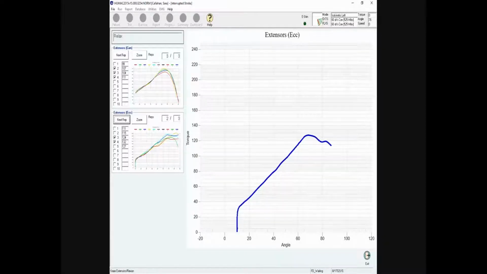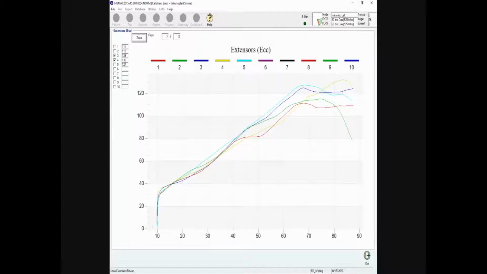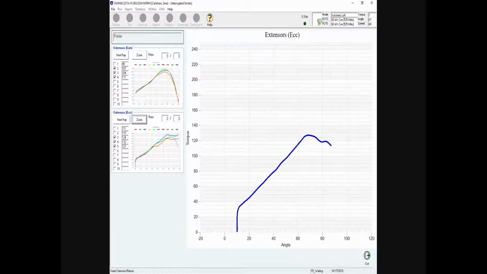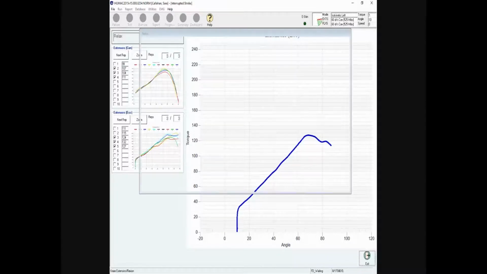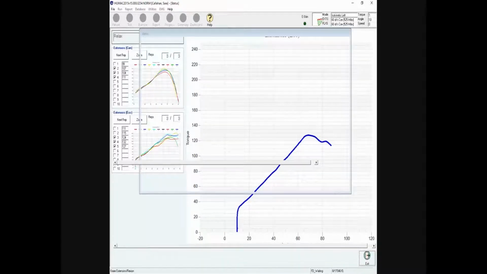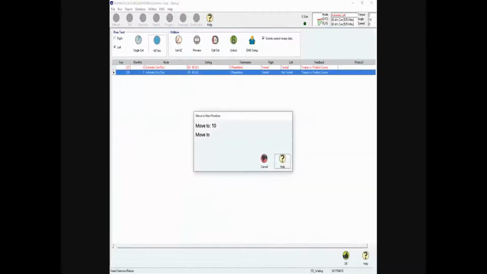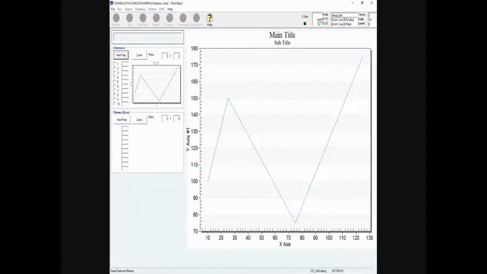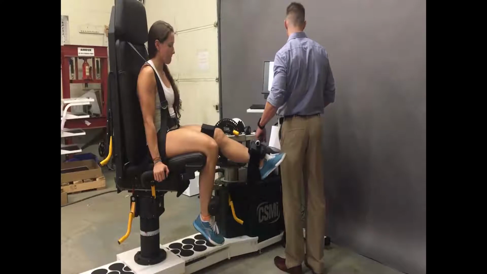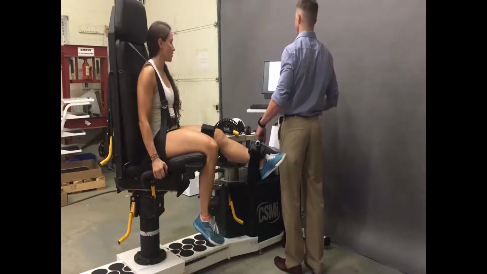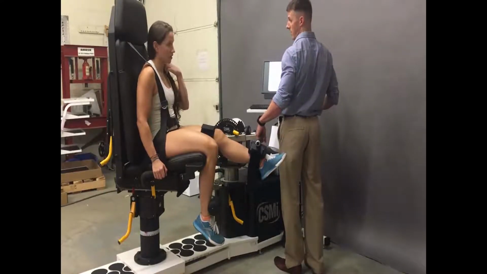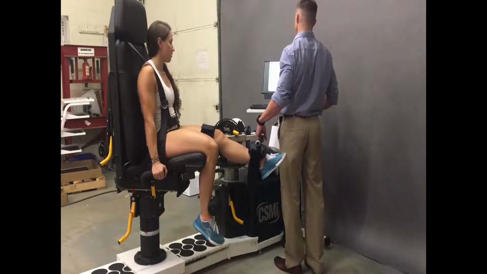So I'm just looking at her reps to make sure which ones I want to select for recording before I move on to the hamstring. All right, we're on the last muscle group of the second leg. So let's warm up the hamstring just like we did on the other side.